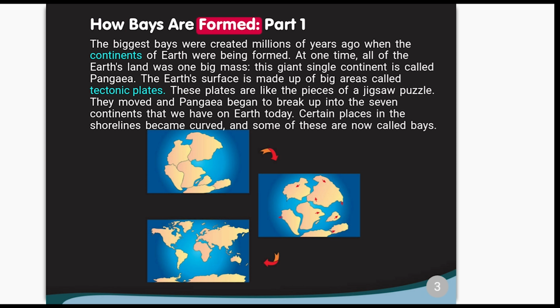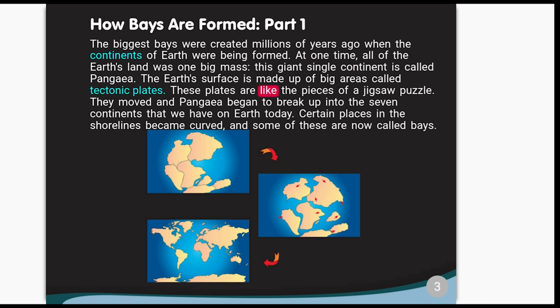How bays are formed, Part 1. The biggest bays were created millions of years ago when the continents of Earth were being formed. At one time, all of the Earth's land was one big mass. This giant single continent is called Pangaea. The Earth's surface is made up of big areas called tectonic plates.